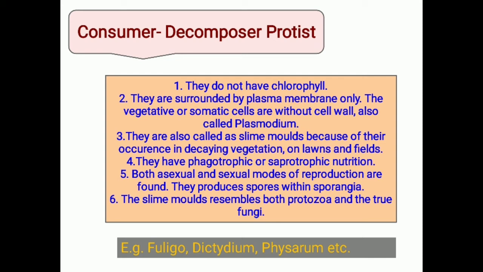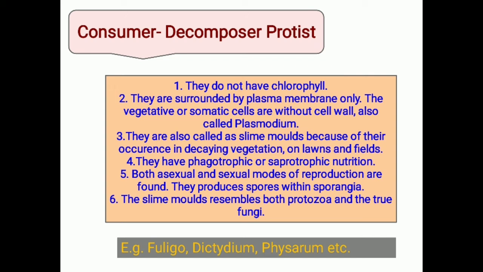So that is why they are called the slime molds, because of their occurrence in decaying vegetation on lawns and fields. They have phagotropic or saprophytic nutrition. That means they are generally heterotrophs and they feed upon dead and decaying organic matter.